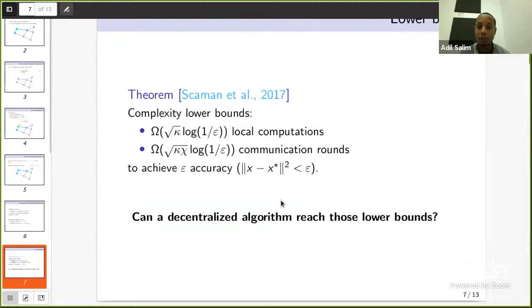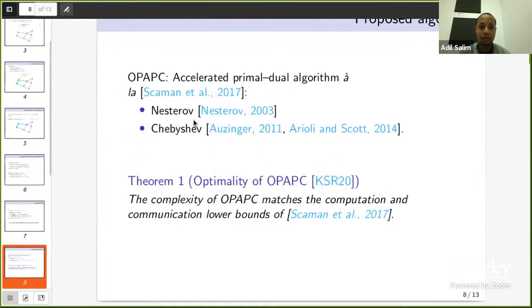We have some lower bounds for the complexity of a decentralized algorithm in the smooth strongly convex case. We know that we need at least square root of kappa times log 1 over epsilon local computations and square root of kappa K times log 1 over epsilon communication rounds to achieve epsilon accuracy. What we did in this work is to propose an optimal algorithm for this problem, an algorithm matching the lower bounds.